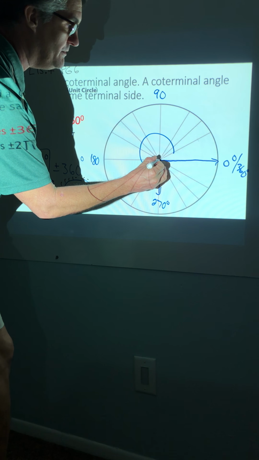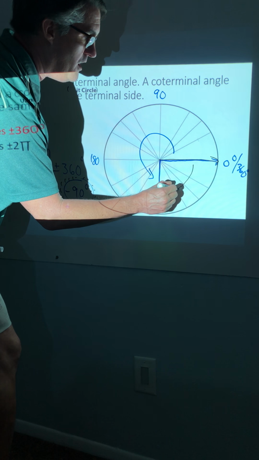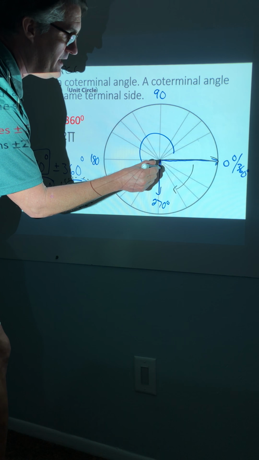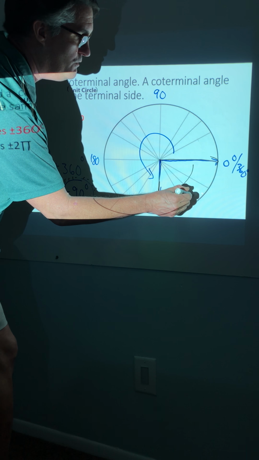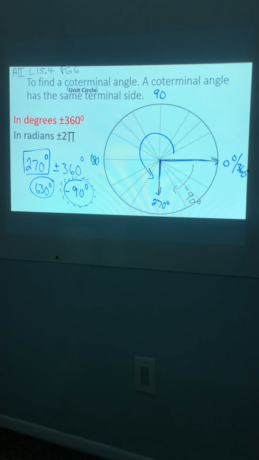I'm going to start right here and go clockwise, but look, I end up in the same spot. So where I highlighted in black, if I spin this way, would be negative 90 degrees.